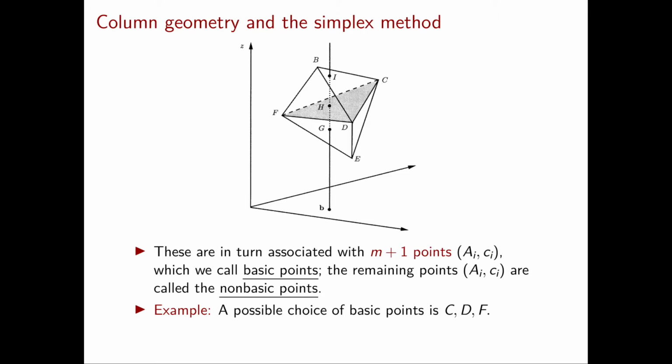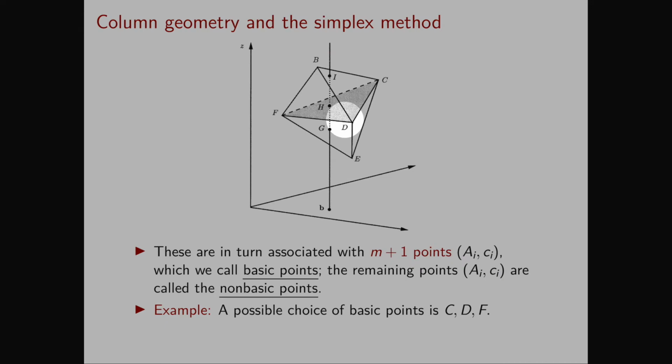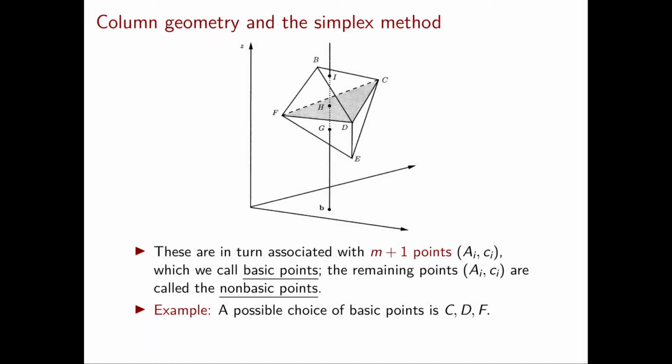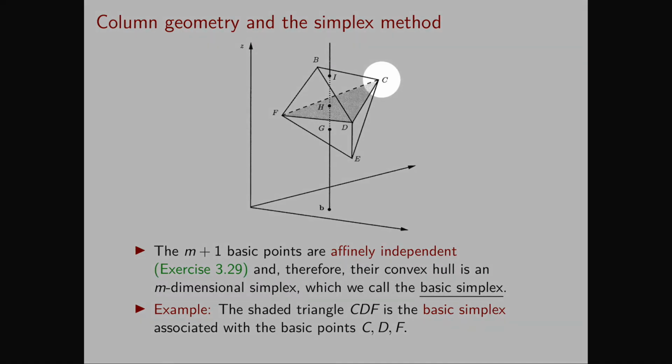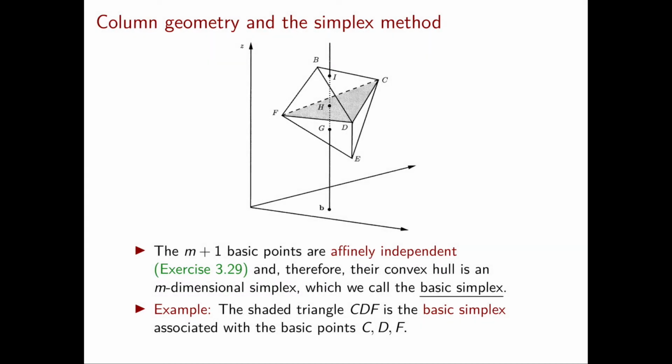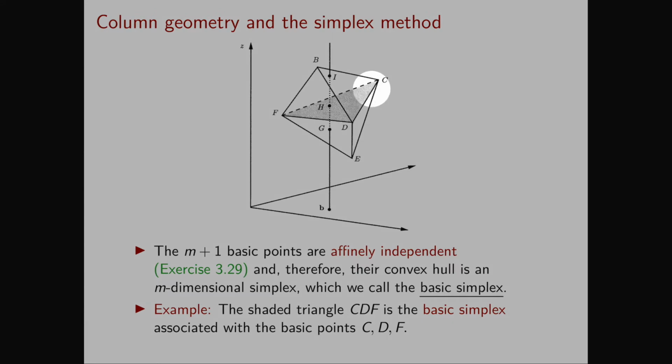In our example here, a possible choice of basic points is C, D, F. You can now show that these m plus 1 basic points are affinely independent. And this implies that their convex hull is an m-dimensional simplex, which we call the basic simplex. Again, if our basic points are C, D, F, then the basic simplex is the shaded triangle here with vertices C, D, F.